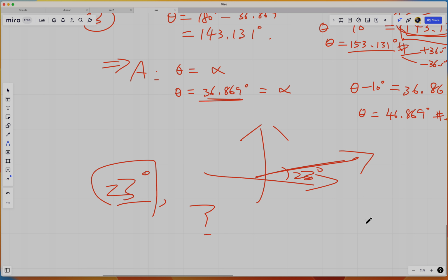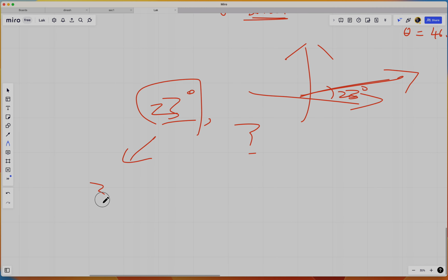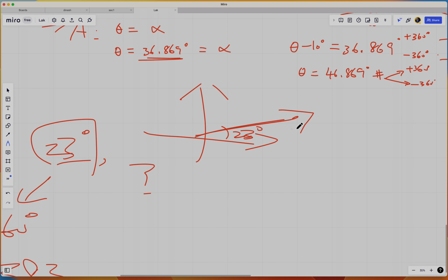What is the angle? 23. Besides 23. You have forgotten. You can plus 360 to it. So 383 will give you the same angle.